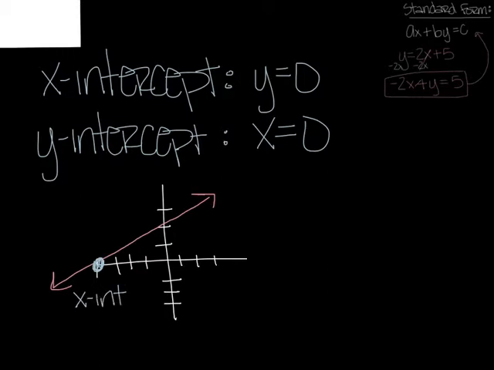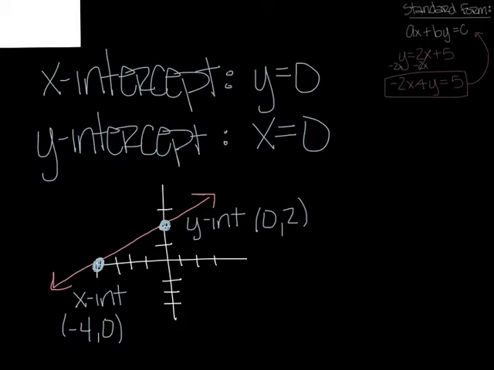If I wanted to write the ordered pair that described that point, it would be when x is negative 4, y is 0. So you see, when y is 0, we have the x-intercept. That's where it intercepts the x-axis. So let's identify the y-intercept, which is right here. If I were to label that point, it would be when x is 0, y is 2. So you see, the y-intercept is when x is 0.